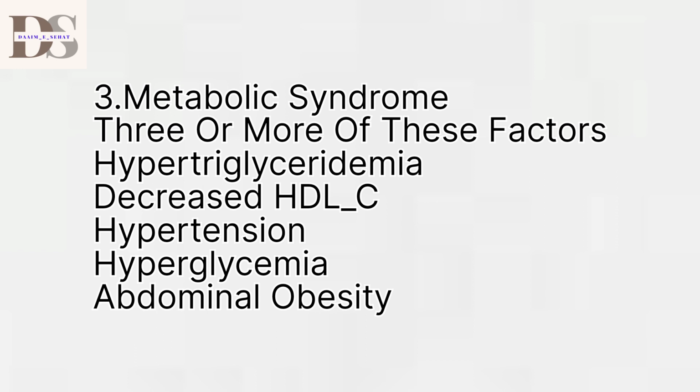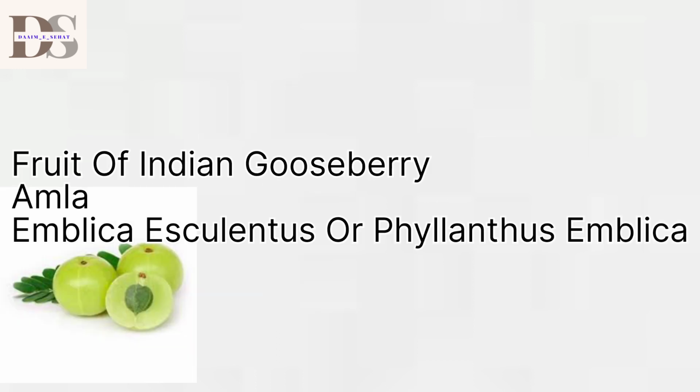To combat these different cardiometabolic multiple risk factors, a single agent with the ability to provide beneficial changes in multiple risk factors is considered ideal for patients with cardiovascular disease and metabolic syndrome.